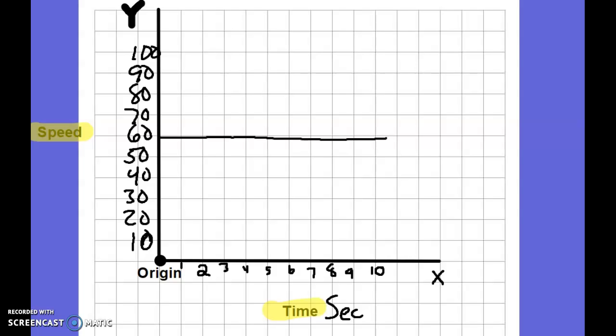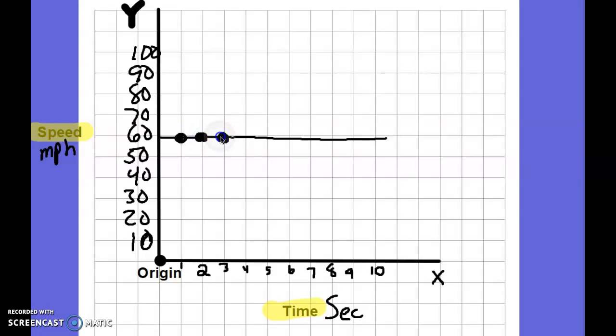So let's go back and think about the speed time graph. As we are looking at an object, we'll just say it's a car this time. As 1 second goes by, if this is speed, maybe it's miles per hour, the car's going 60 miles per hour. We clock it again another second later, it's going 60 miles an hour.